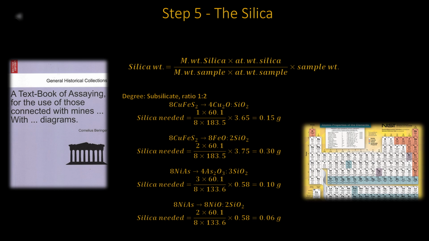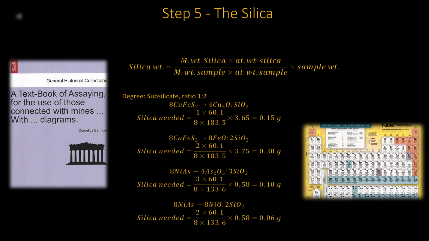During fusion with silica, it will remain as lead oxide. I also discussed the silicate degree, which is a ratio between the oxygen atom of the acid, in this case the silica, and the base metals or basic flux material. In this case example, I have shown that the silicate degree used for the calculations is subsilicate.